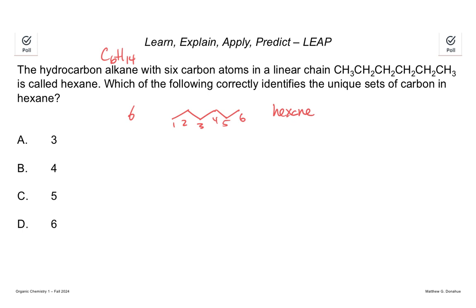How many unique type of carbon does hexane have? 3? That makes sense. So let me just say 1 is equal to 6, 2 is equal to 5, 3 is equal to 4. So that's 3 type of carbon.